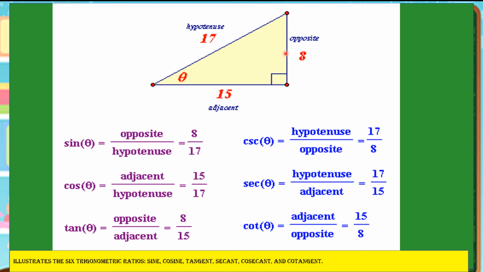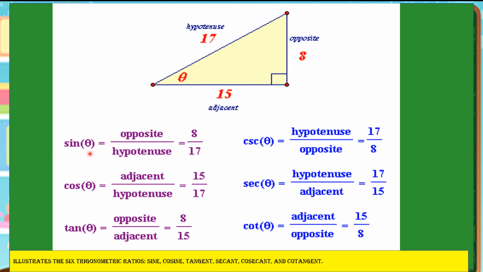If you know the opposite, the adjacent, and the hypotenuse, we can easily determine the ratios. So here are the ratios of the trigonometric functions.